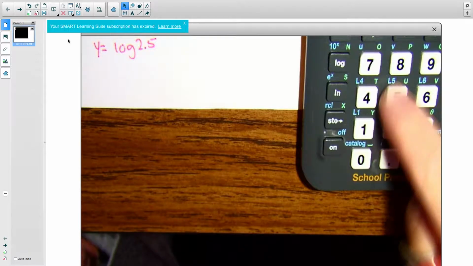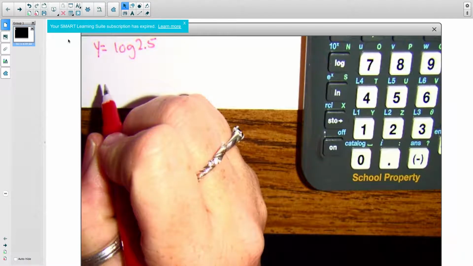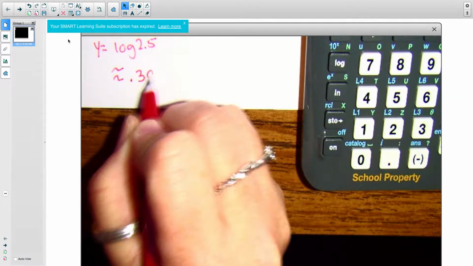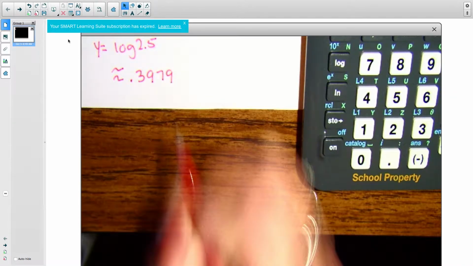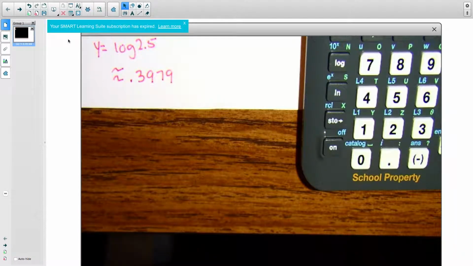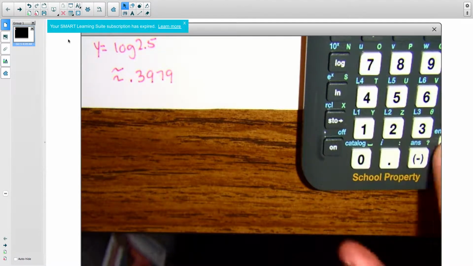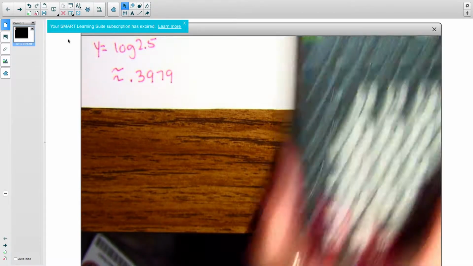Log of 2.5, which is about 0.3979, approximately. So 10 raised to this power, yep. 10 raised to 0.3979.